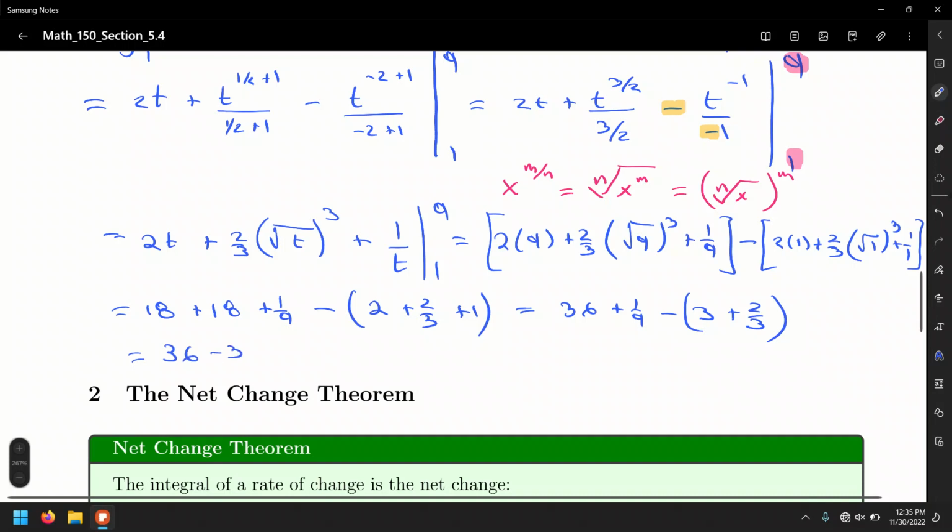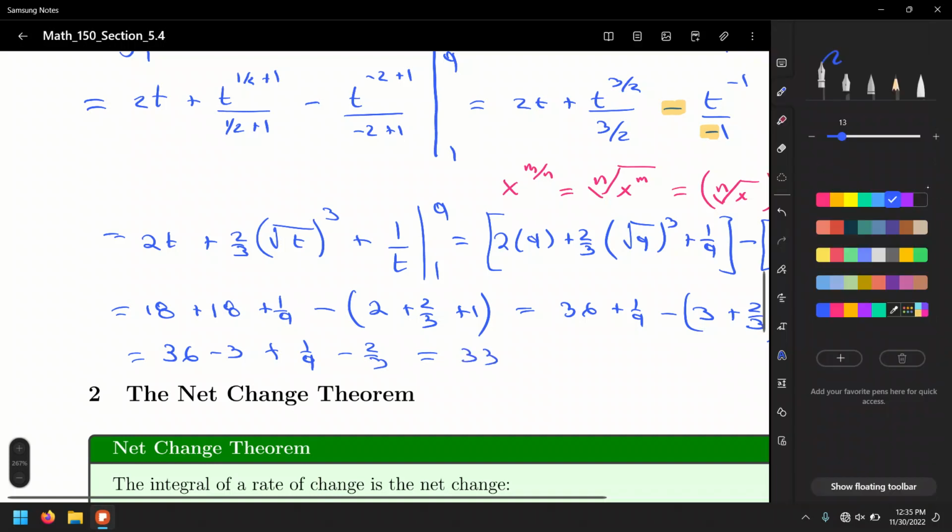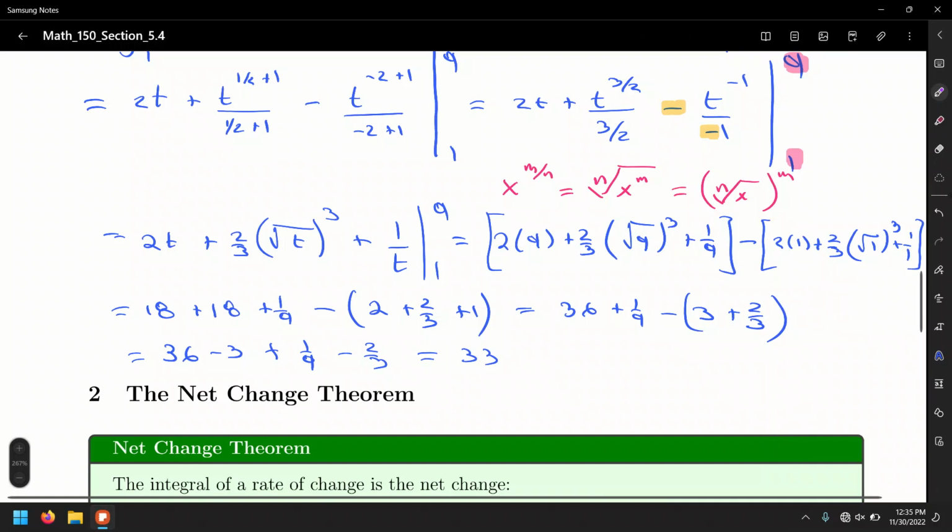I'm going to put the integers with the integers and the fractions with the fractions to make this a lot easier. 36 minus 3, that's going to be 33. Plus 1/9 minus 2/3. Here I would need to find LCDs to get the denominators the same. So I'm going to multiply numerator and denominator by 3, so we get a common denominator of 9. That's going to be 1 minus 2 times 3, which is 6. 1 minus 6, that's negative 5.